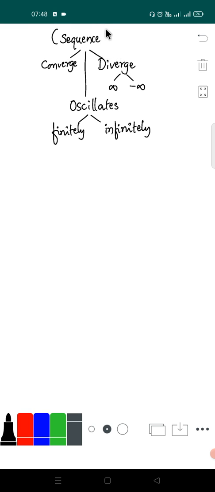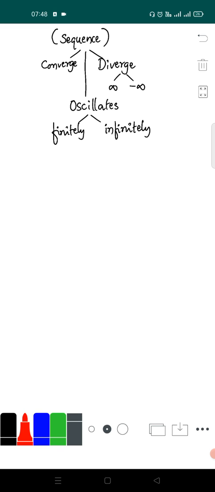Now the same behavior can be analyzed for a series, since the behavior of a series is determined by the sequence of partial sums. A series may also have the same behavior.